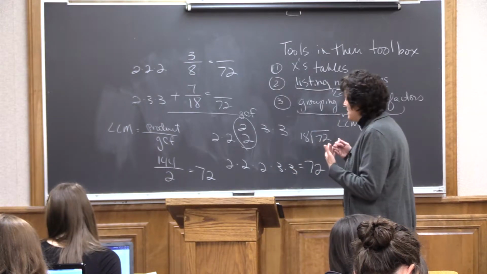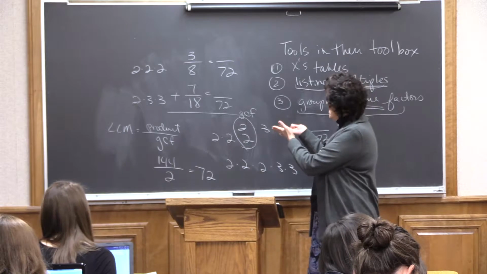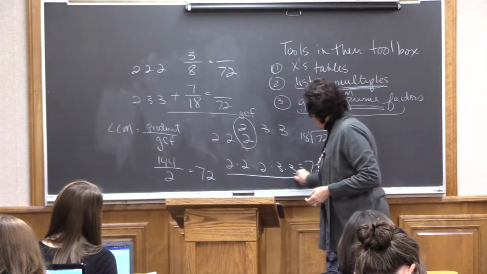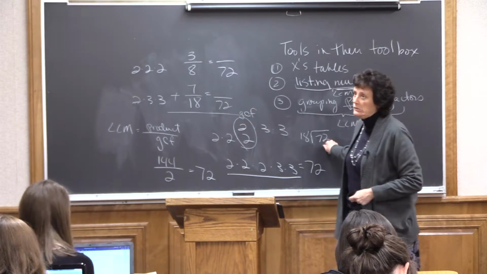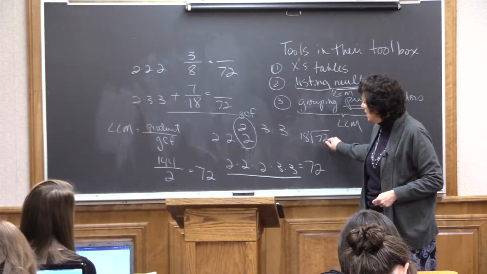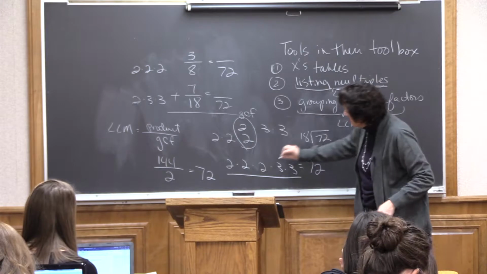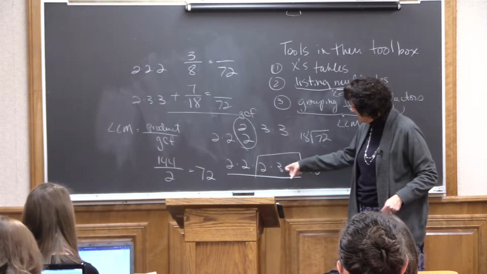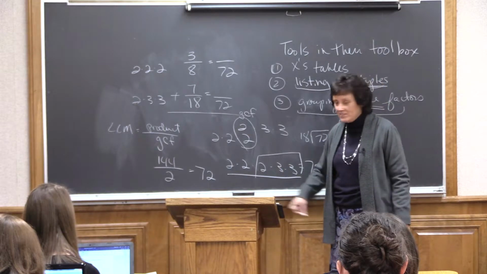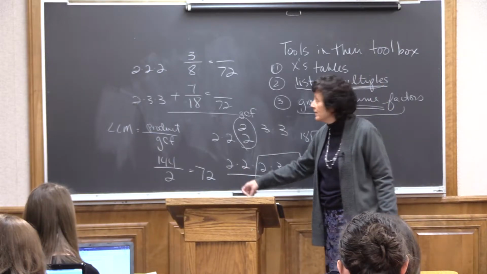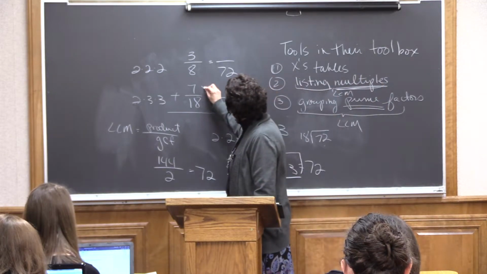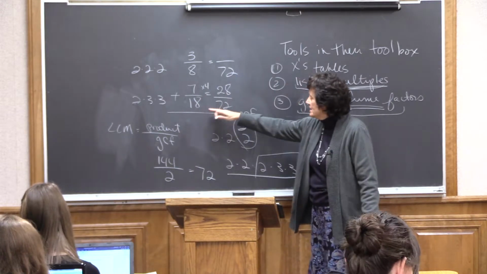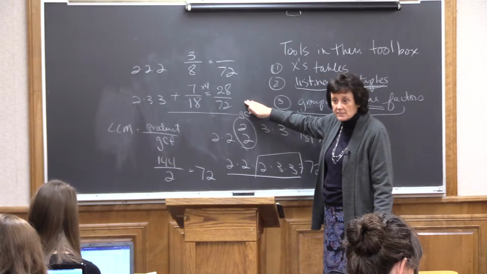To keep going with this same example, when I look at things in prime factored form, I am not going to ask, how many times does 18 go into 72? Here's 18, right? How many times does 18 go into 72? 4. So then I am going to do 7 times 4 when I raise my 18ths into 72nds.